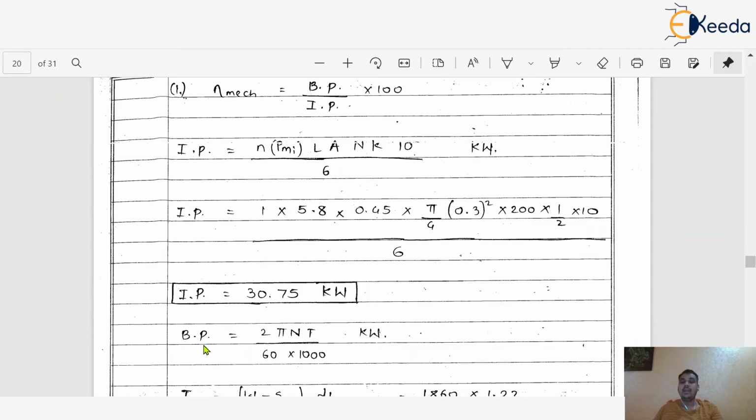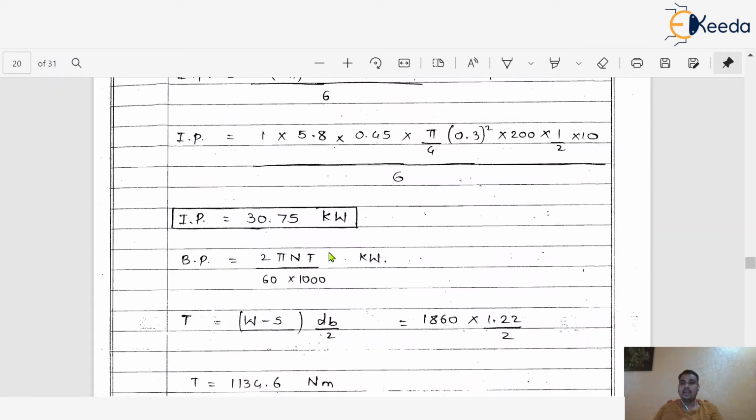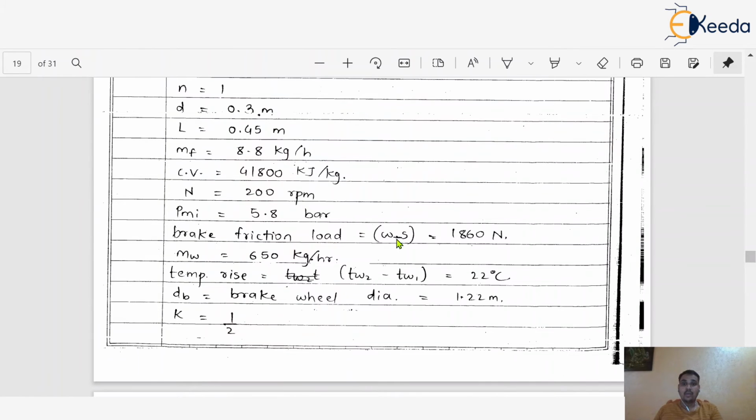Similarly, the next one is the brake power, and that formula is 2 pi NT by 60 into 1000, and it comes in kilowatt. Again the torque is unknown, so we have to calculate the torque. The torque formula is again W into R. The load is given directly as W minus S; in the last problem W1 minus W2 we considered and multiplied by 9.81. But in this case, W minus S is directly given in the problem, equal to 1860 Newton.